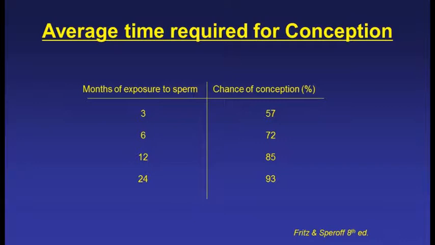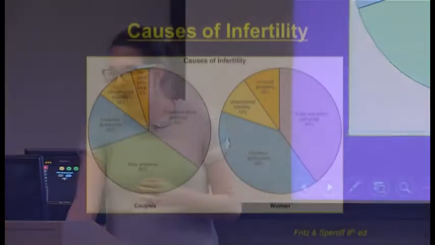So again, just a global picture of how inefficient we are as humans at getting pregnant. At a year of unprotected intercourse, only 85% of us are going to be pregnant. It takes 2 years to even get in the 90s, okay? So we're all kind of walking miracles. I don't know how it always happens that way, but those of you that work in labor and delivery get to see that every day.